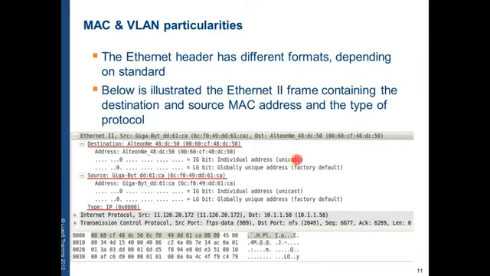You can see the unicast bit is set, the value of the bit is 0, and you also have the globally unique address. The destination MAC is the same, a unicast address, and you have here the type of the packet, which is 08, the number for IP protocol.